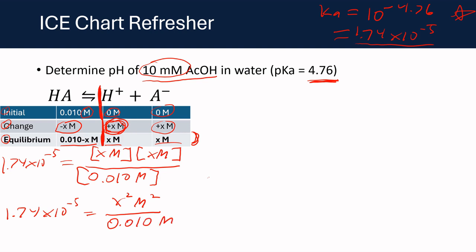Okay, we can get rid of this unit like so. And so now this is just algebra at this point. We want to isolate x to solve for x. So we can do that by multiplying both sides of this equation by 0.010.